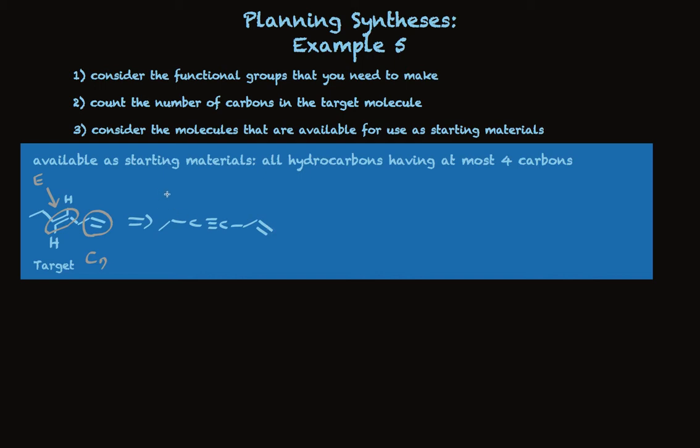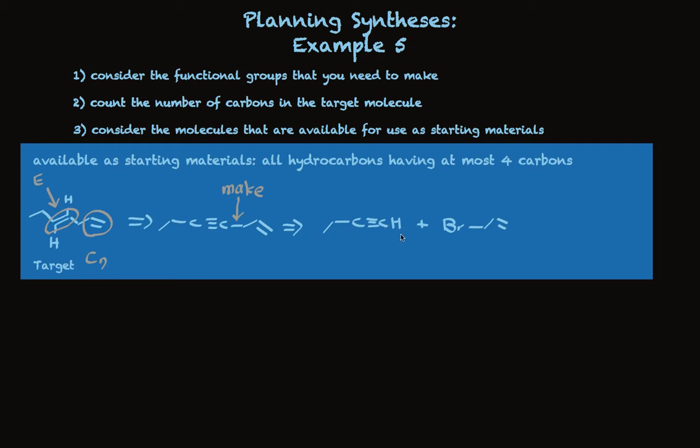And because we know that we can start with hydrocarbons having at most 4 carbons, and this has a 1, 2, 3, 4 carbon piece and a 1, 2, 3 carbon piece, it's pretty easy to conclude that we should make this carbon-carbon bond.